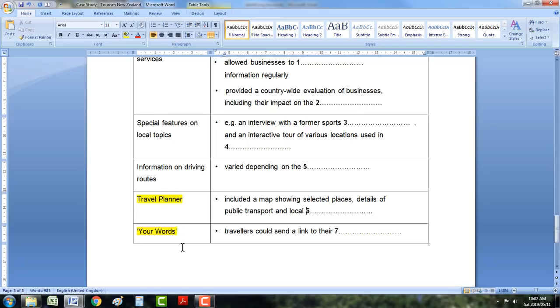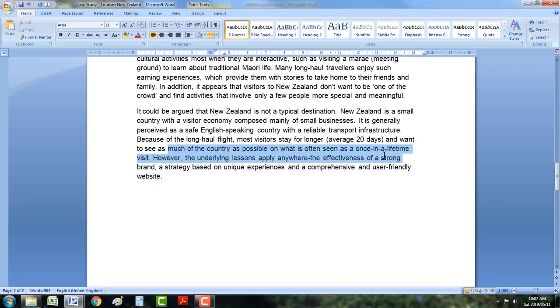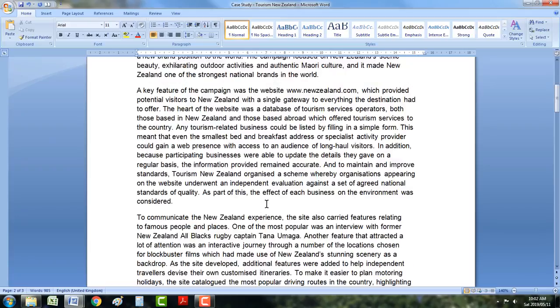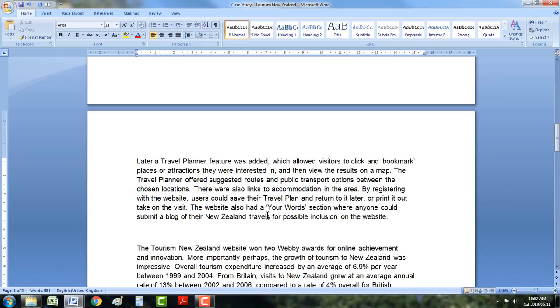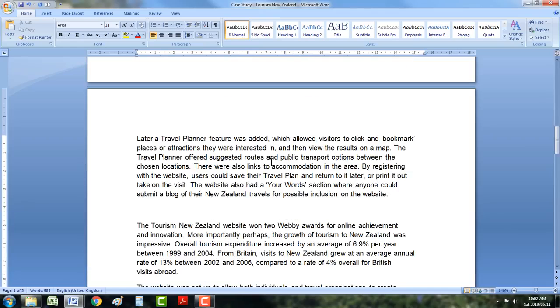Now, you need to go and find these. This is actually very nice because they're at the end of this, so it will show you where these questions end, and then you can scan backwards, and I'll talk about scanning backwards soon as well. Travel planner, your words. Now you're not going to start scanning over here because there's still true, false, not given. You're going to go somewhere in the middle. I would go somewhere here or somewhere here, and bang, right there.